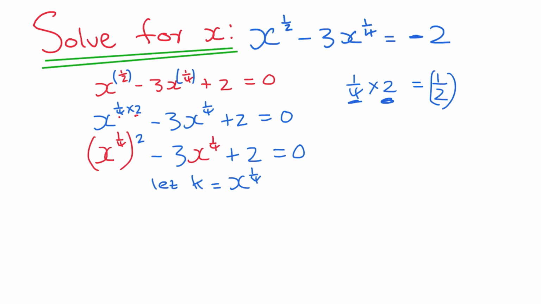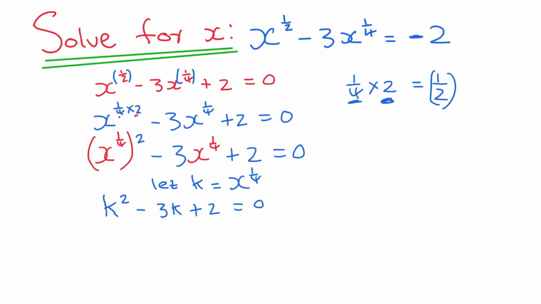So now that I let my K be what we see in red, I will just substitute it. Where I see x to the exponent 1 over 4, I'm going to substitute by K. So here we have K squared, minus 3K plus 2 equals to 0.